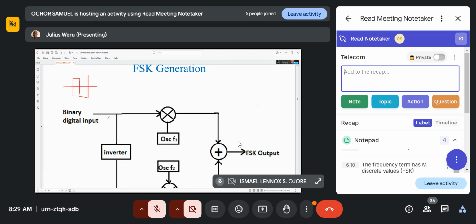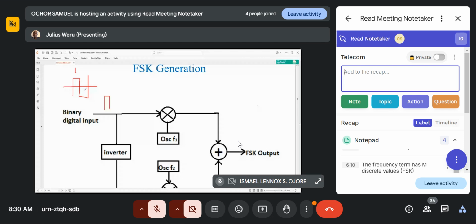So if you have, let's say, this waveform, that is going to switch. The first frequency is maybe frequency F1, let's say this is for 1 and this is for 0.